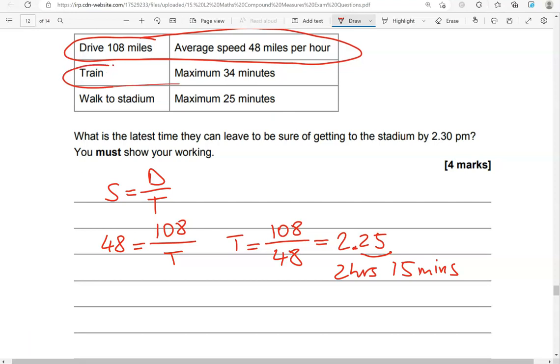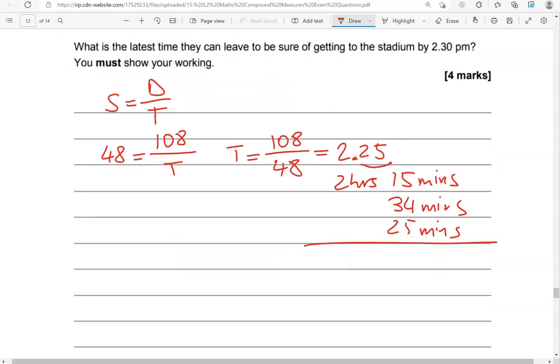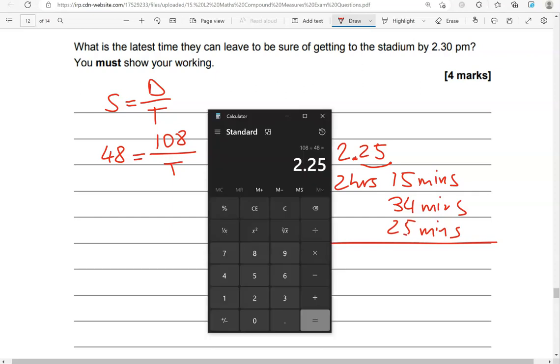We need to add the train, which is 34 minutes, and walk 25 minutes. So if we add these together, 15 plus 34 plus 25 gives us 74 minutes.